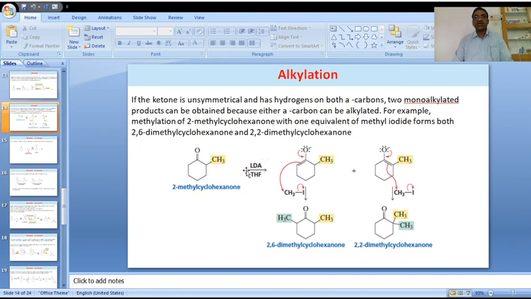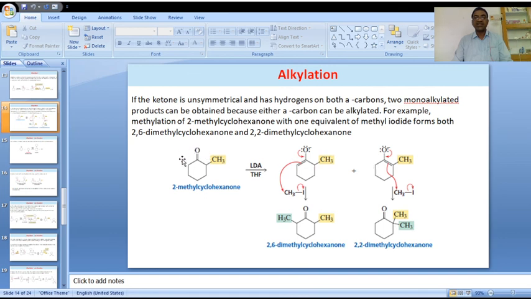In both sides hydrogens are available. Two monoalkylated products can be obtained, because either alpha carbon can be alkylated.